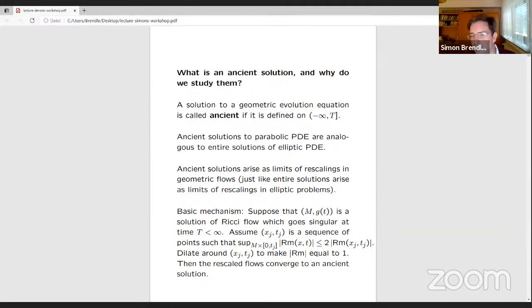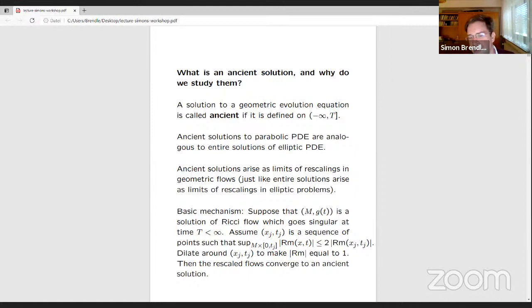Suppose that we have a solution to the Ricci flow starting from some initial metric on some manifold M, and suppose that the solution goes singular at some finite time, capital T. Then let's consider a sequence of points in space-time where the curvature goes to infinity, and let's choose the sequence in a certain way so that the curvature at (x_j, t_j) dominates the curvature at all other points in space and at all earlier times.